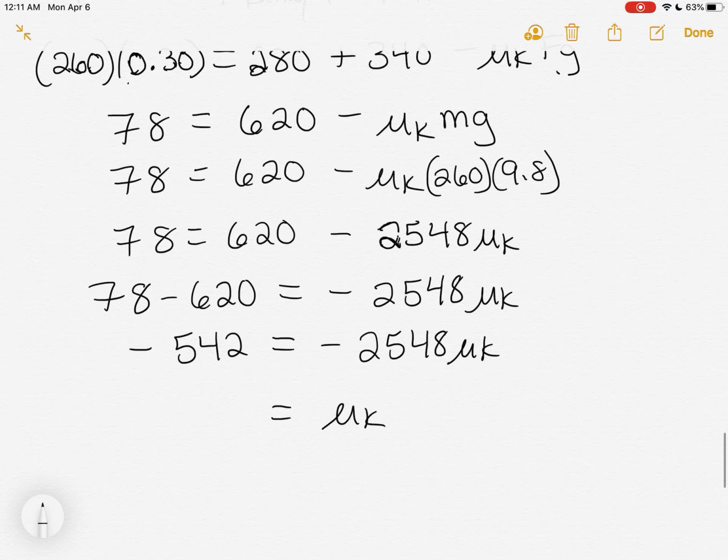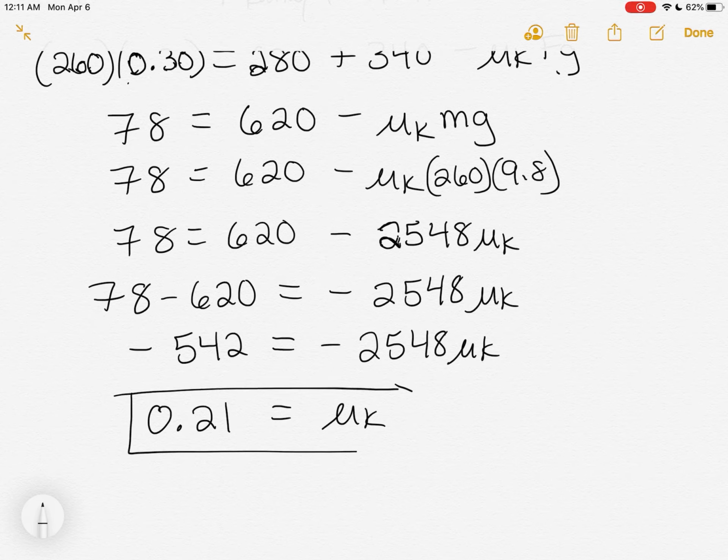So then divide both sides by negative 2548. So our negative 542 divided by our negative 2548 gives us a mu k of 0.21. Okay. Don't forget, mu k has no units, so no units required there for mu k.